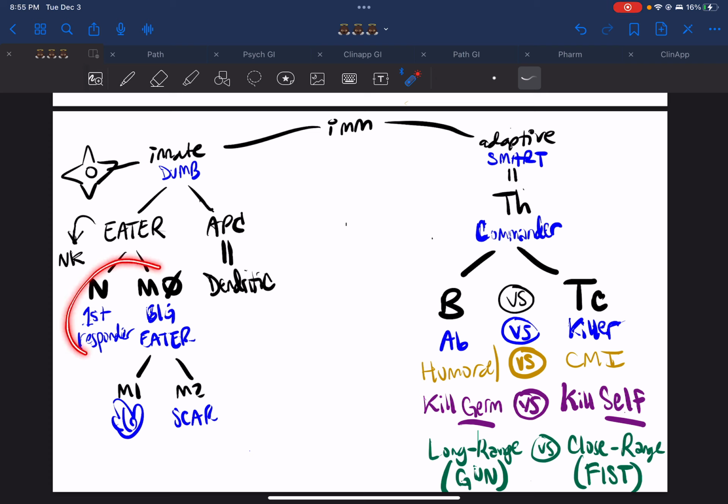So you have the dumb guys that just eat germs. This all happens first. Then what happens is one of these dumb guys, when it eats a germ, it will digest the germ inside of its body using reactive oxygen species, which is basically just like stomach acid, right? Humans have stomach acid. Cells have reactive oxygen species, ROS. ROS is basically just like a bomb or fire.